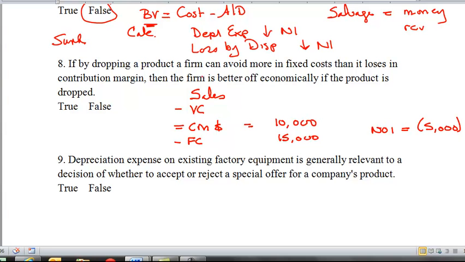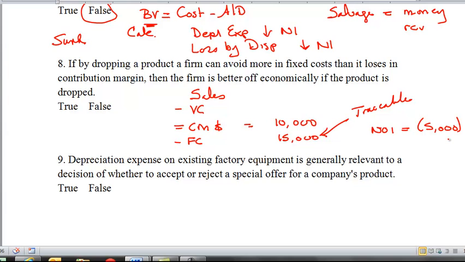So, if we can avoid more in fixed cost, so if all this fixed cost is traceable to our product, and yes, we will lose the contribution margin, which means our net income would be reduced by 10,000, but we would lose the fixed cost, which means it would increase future net income by 15,000.